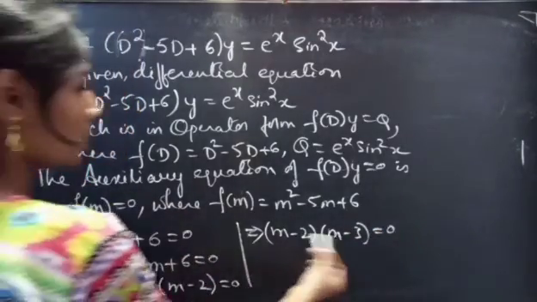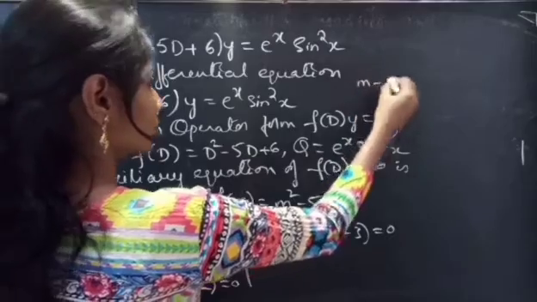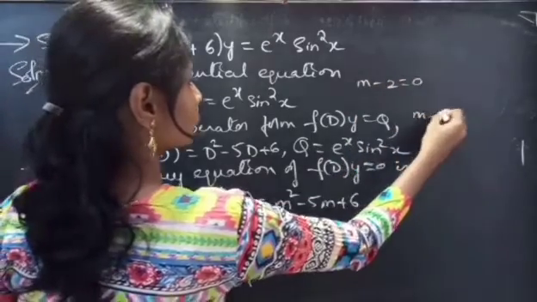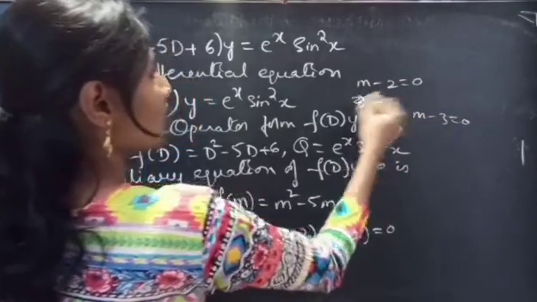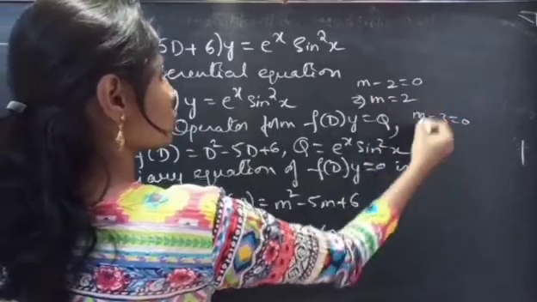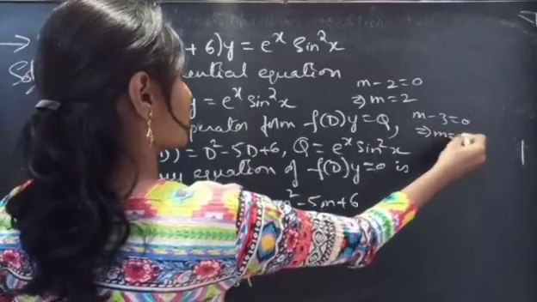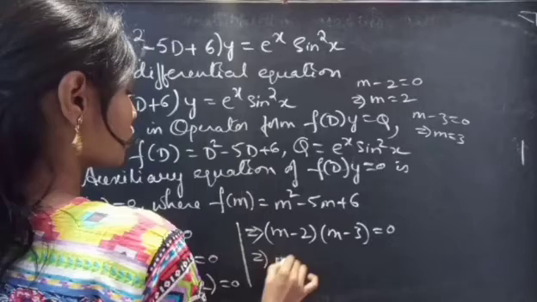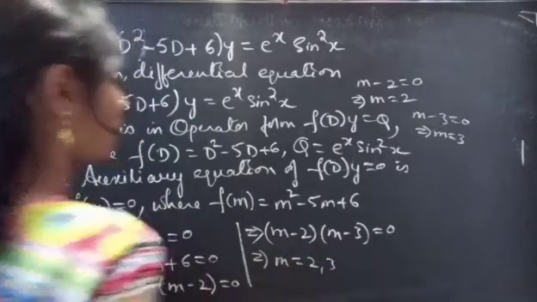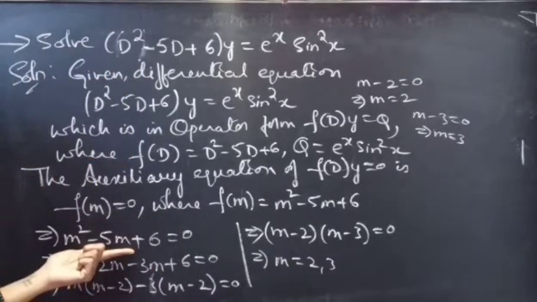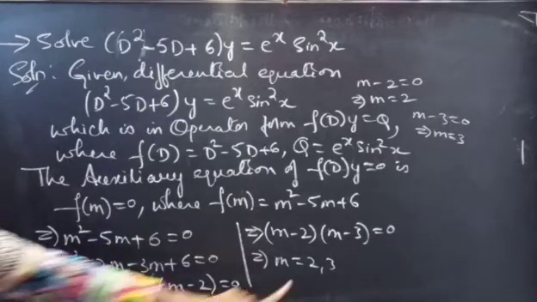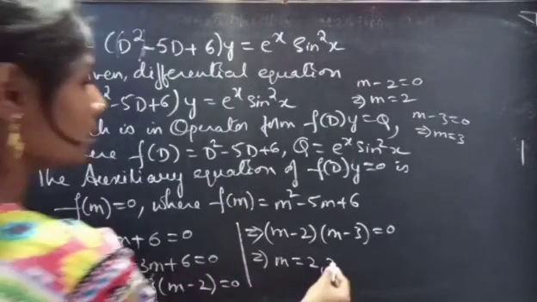Now equate each factor to 0. From m − 2 = 0, we'll get m = 2. From m − 3 = 0, we'll get m = 3. Then m = 2, 3 are the roots of our auxiliary equation. Here 2 and 3 are real and distinct.